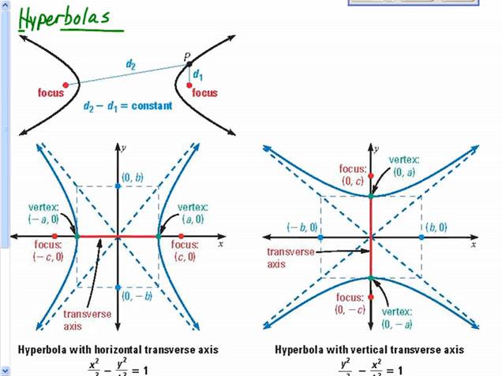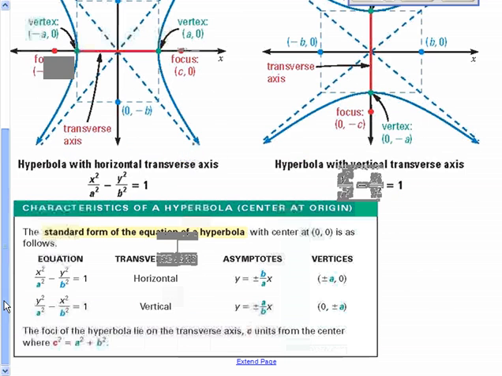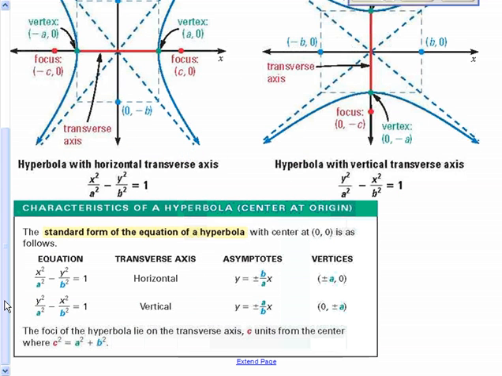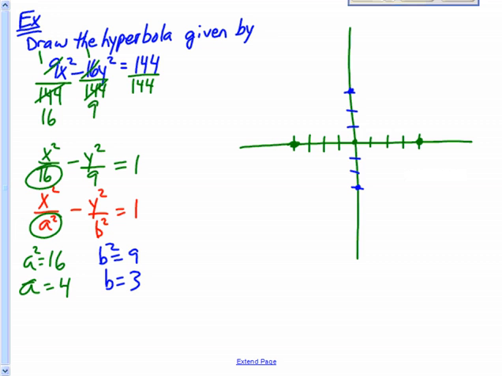Let's go back to this. If you notice, on the foci, to find our c, right down here at the bottom, instead of c squared being a squared minus b squared like with ellipses, you got to be careful with hyperbolas. It's c squared equals a squared plus b squared. Okay, c squared equals a squared plus b squared. That's going to help us find our foci.